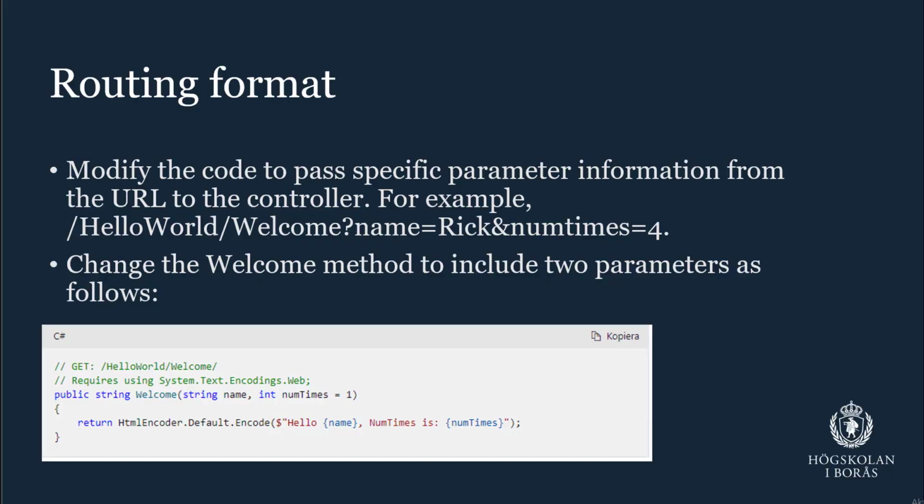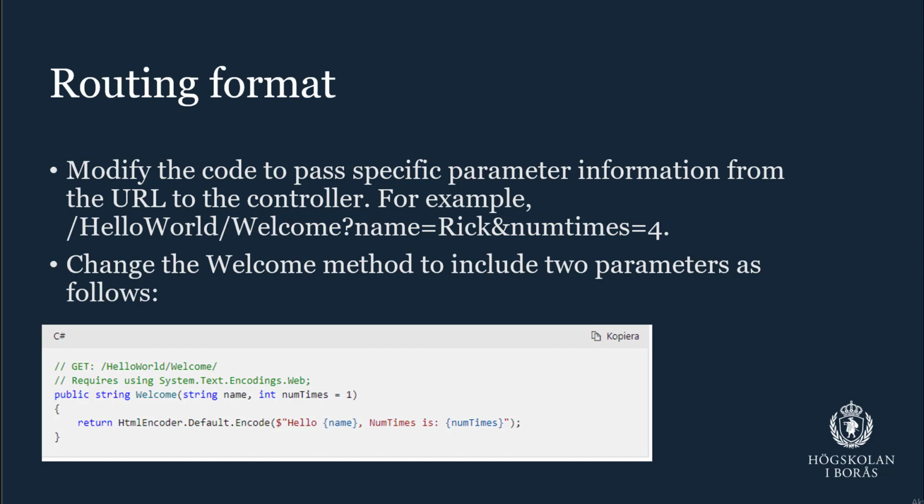So let's continue on the track of developing our web server and web application. Let's begin with modifying the code we have already to pass specific parameter information from the URL to the controller. For example, in our HelloWorld controller, we want to pass a name variable and how many times we will actually print this name.